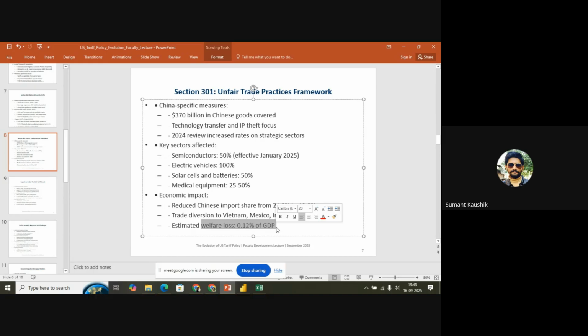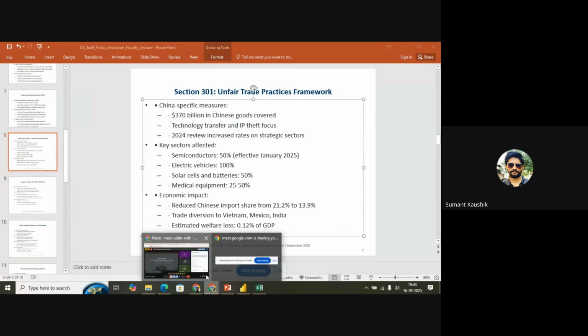This will also affect the supply chain, because a lot of US manufacturing industries are using semiconductors, solar cells, and batteries, which were earlier imported from China. So this will affect supply in the US and cause a lot of damage to the GDP of the US, at least 0.12% of GDP. This is the estimated welfare loss of society.